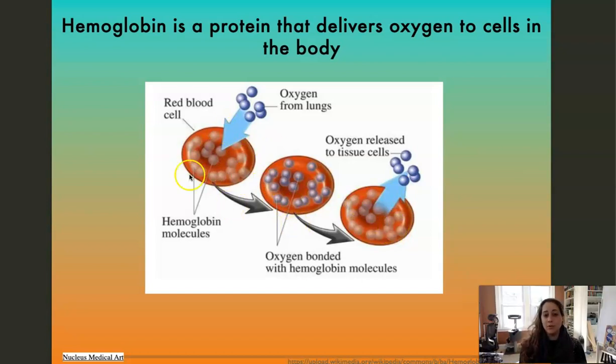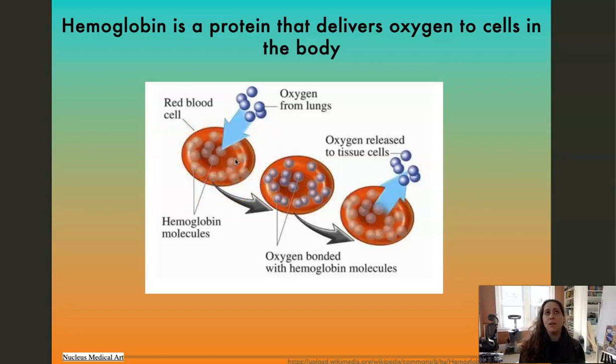I also wanted to note that even though this image is showing that there are a lot of hemoglobin molecules in the red blood cell, not the other way around, hemoglobin molecules, one, are much smaller than these dots that we see here, and there are many more hemoglobin molecules in a single red blood cell than what is shown here.